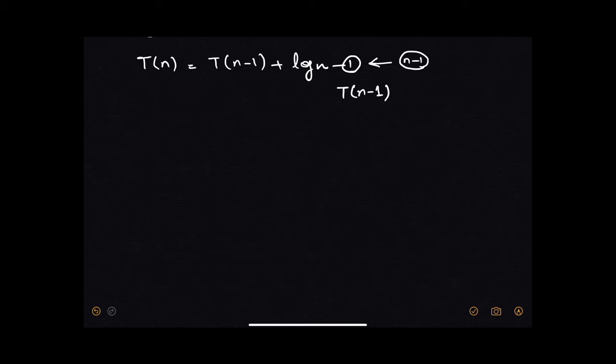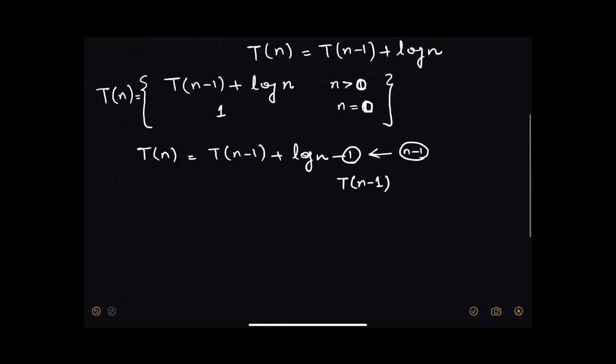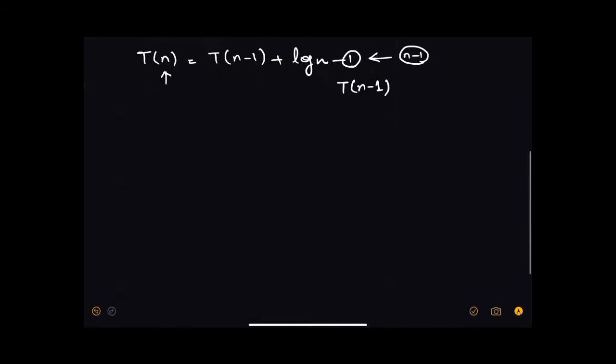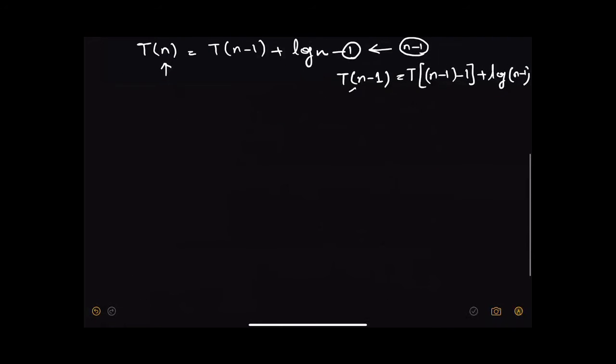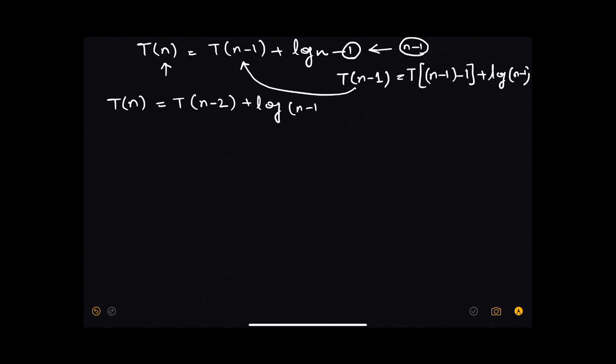So over here, if I put n value as n-1, this becomes T(n-1) = T(n-1-1) + log(n-1). Substituting this T(n-1) over here, the next statement that I get is T(n) = T(n-2) + log(n-1) + log n.